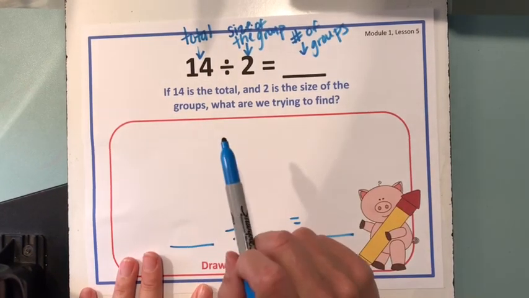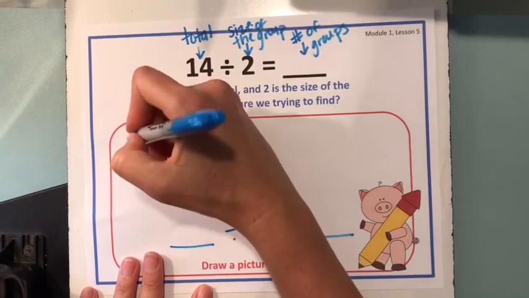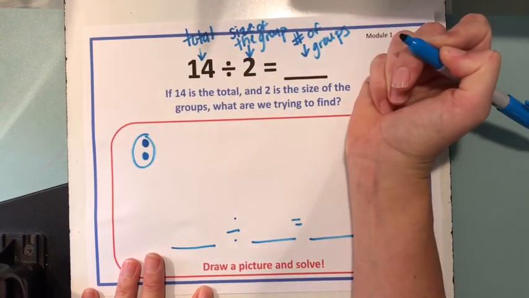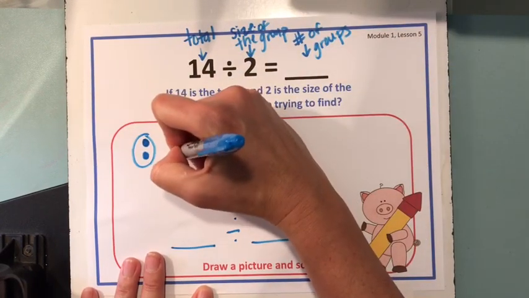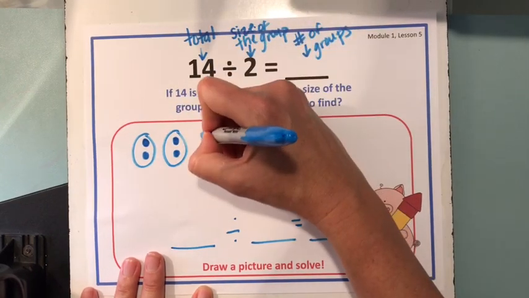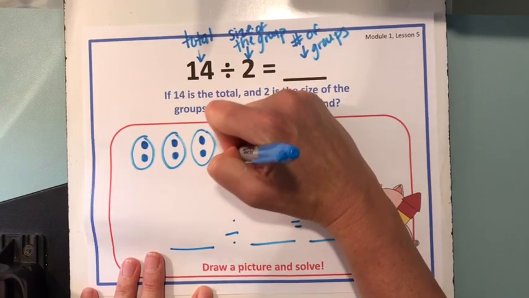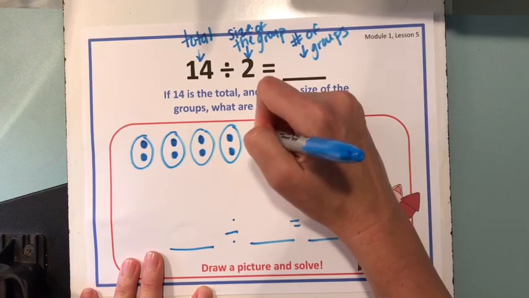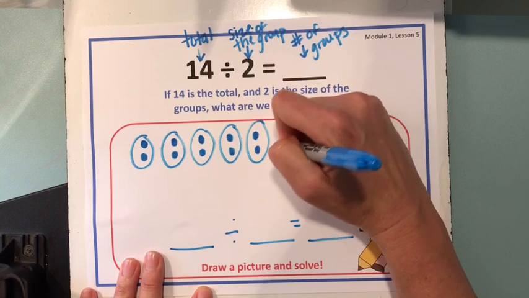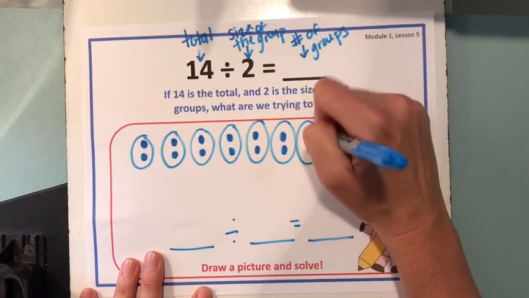Okay, so we know that we have 2 in each group. So remember what my strategy is. We're going to draw 2 in each group, and then I'm going to circle the group. 1, 2. 3, 4. I'm going to keep going until I get to 14. 5, 6. 7, 8. 9, 10. 11, 12. 13, 14.